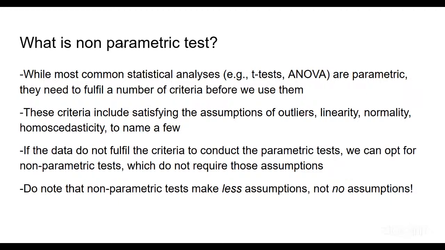That means when your categories or your DF is 30, then you will find that the chi-square distribution will be close to the normal distribution.